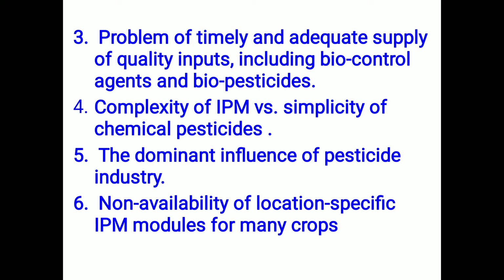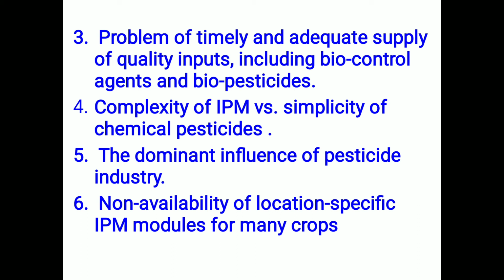At the same time, a number of problems arise for that farmer, that means the unavailability of seeds or planting materials. Suppose farmers want to take a control measure, and at that time the particular pesticide is available, but most of the time, due to the scarcity of such inputs, that IPM module is not practiced by the farmers.